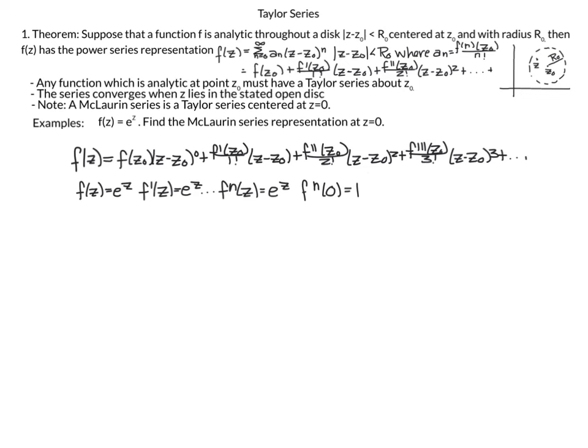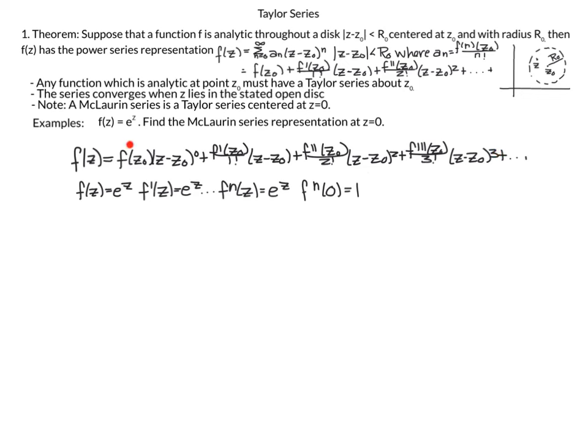Plus, when n equals 1, we have the first derivative evaluated at z naught over 1 factorial times z minus z naught to the first power. Then when n equals 2, we have f double prime evaluated at z naught over 2 factorial times z minus z naught squared. And then our third term, when n equals 3, we have the third derivative evaluated at z naught over 3 factorial times z minus z naught raised to the third power.